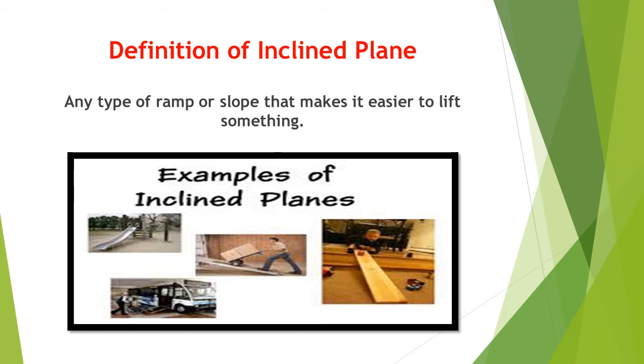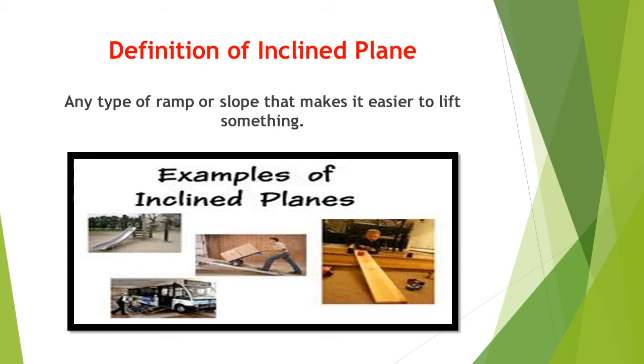The next example is the inclined plane, and the definition of an inclined plane is any type of ramp or slope that makes it easier to lift something. As you can see, there are different examples of inclined planes, and with their help we can roll our objects on a sloping surface.